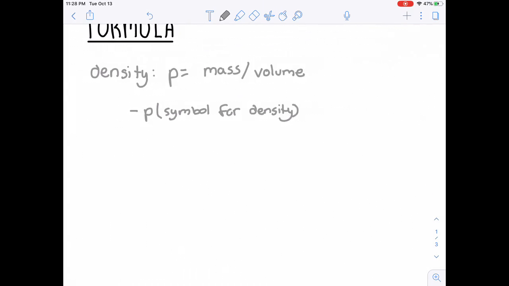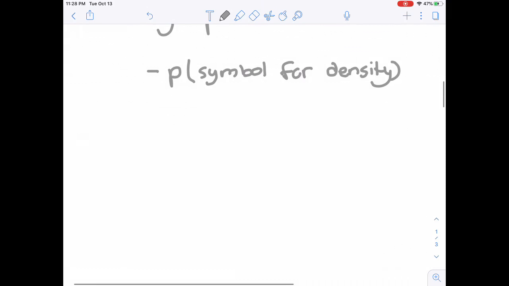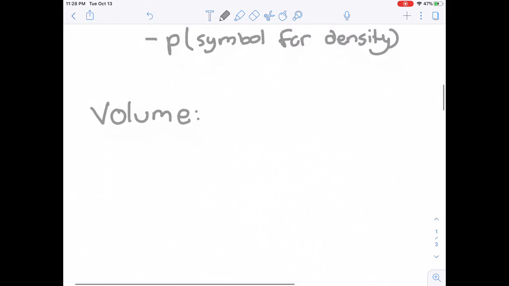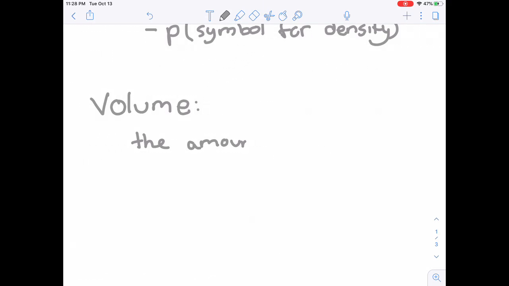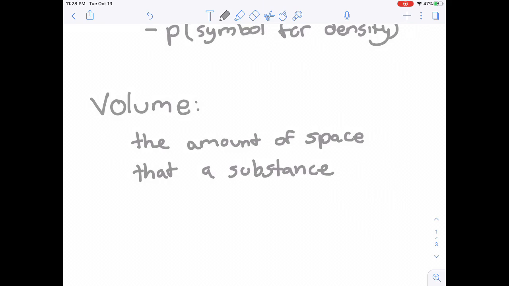So now that we have the basic formula for density, let's break it down. So first we're going to start with volume. What exactly is volume? Volume is just the amount of space that a substance or object occupies, or that is enclosed within a container.